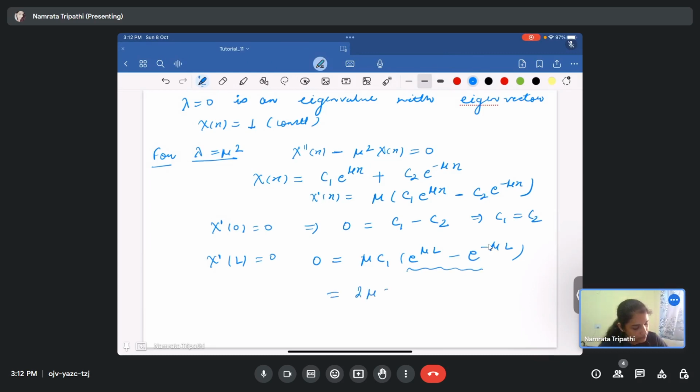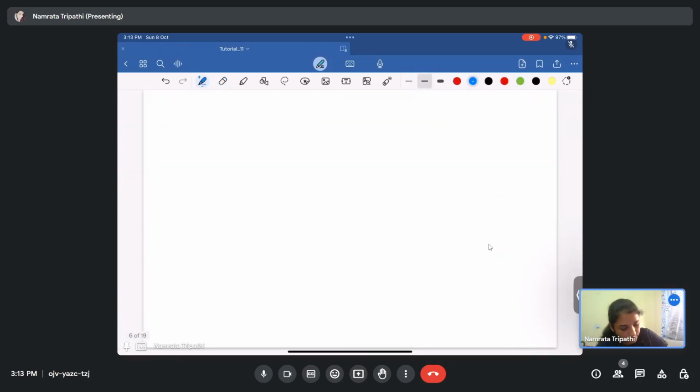Can we write it as sinh of mu L? Okay, from here, because this could not be 0, c1 will be 0. Fine. And c1 is equal to c2, that implies c2 is also 0. So in this case, we get the trivial solution, so lambda is equal to mu squared is not an eigenvalue.